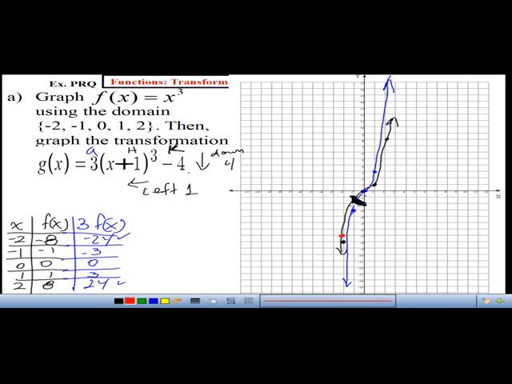And this one, 1 to the left, 1, 2, 3, 4. And there it is. And that one is our what? Our g of x.